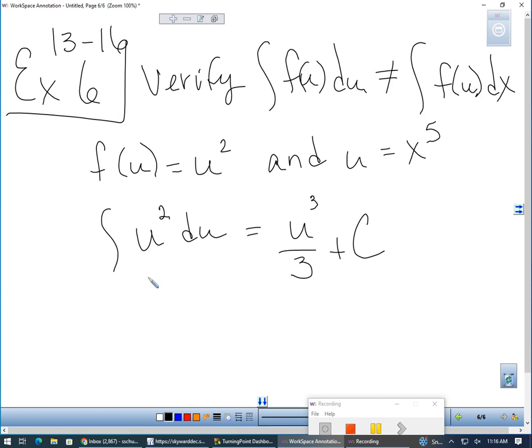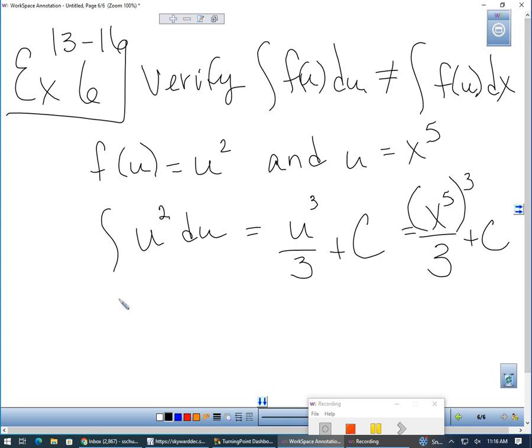Okay? And then if I were to take my u and plug it in, I would actually have x to the fifth raised to the third over 3 plus c. Or we can say that's x to the what? 15th. Very good.